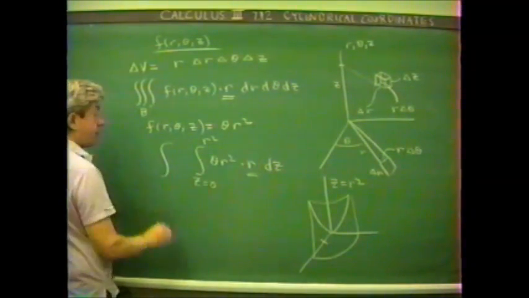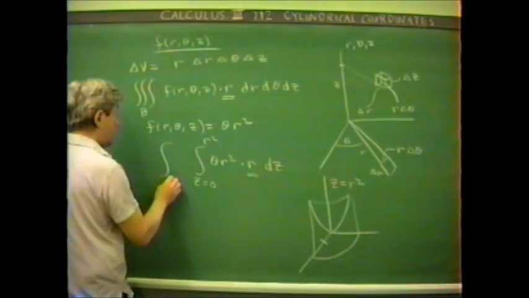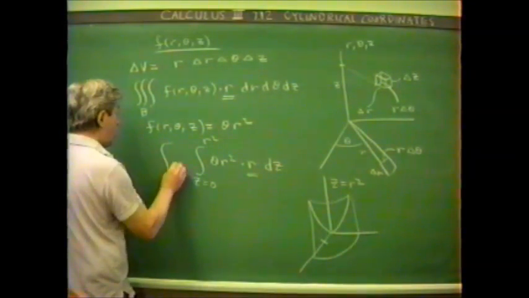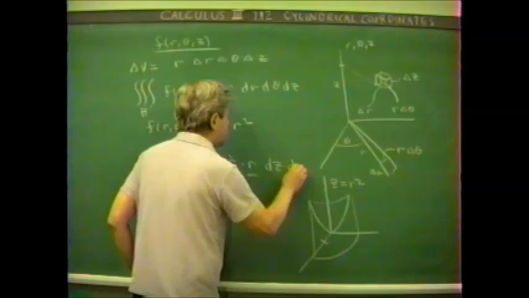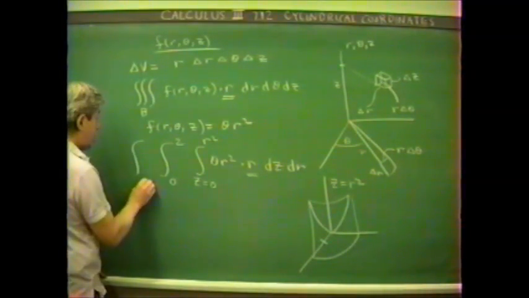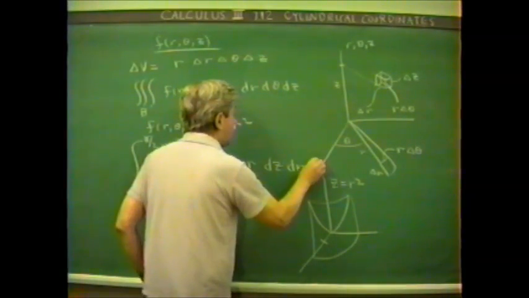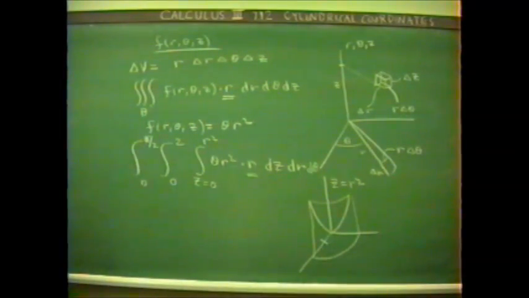We now have, let's say, r going between 0 and 2. So we integrate this with respect to r between 0 and 2. And then theta goes between 0 and pi over 2. So we integrate this with respect to theta between 0 and pi over 2.